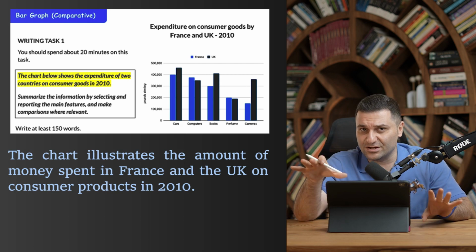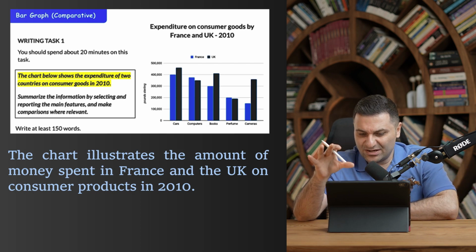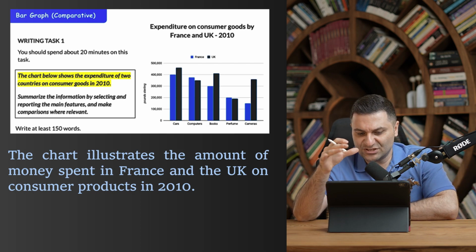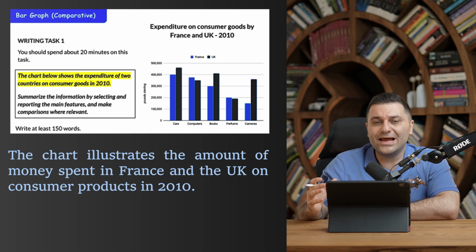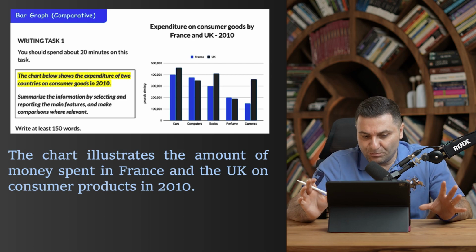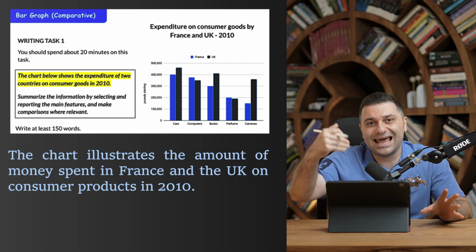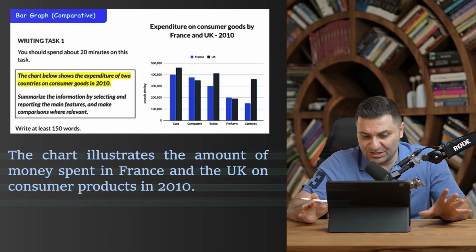This sentence is good. However, it seems a little bit awkward because after the amount of money spent, it would be better if we write what was spent on what, all right? So we put on consumer products after spent. So our opening sentence will be something like this.